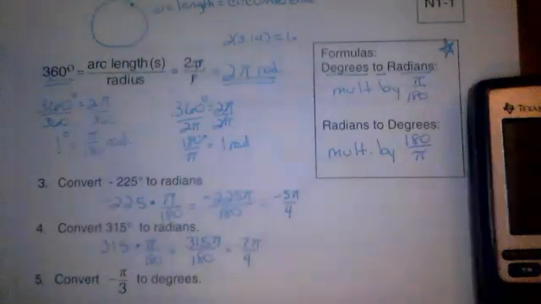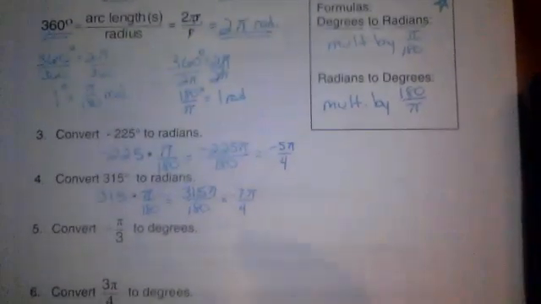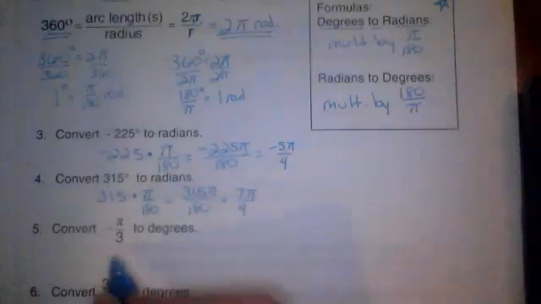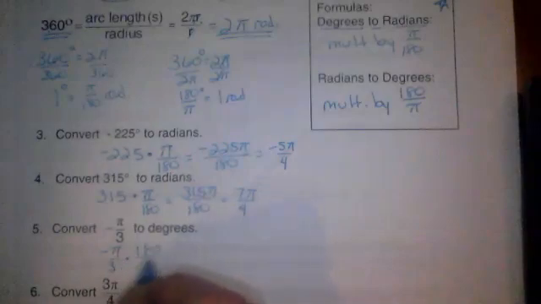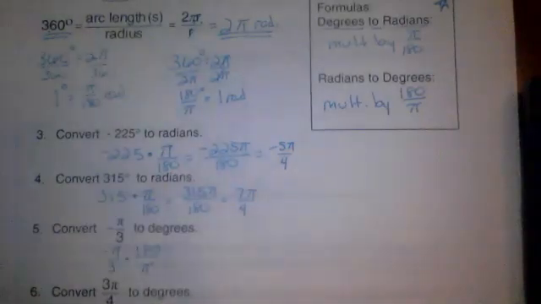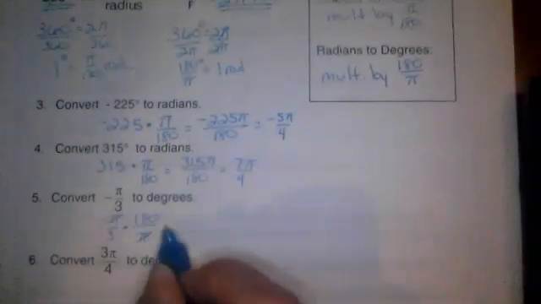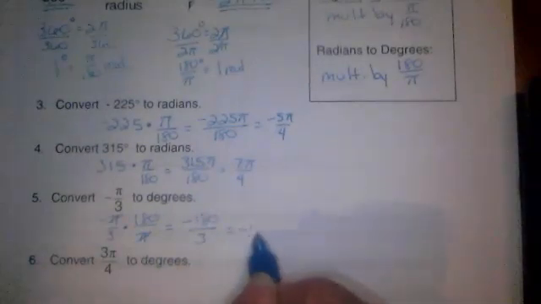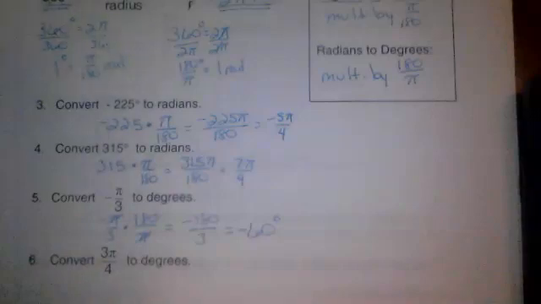All right, and if we want to convert from radians to degrees, we're going to multiply by 180 over pi. So negative pi thirds times 180 over pi. As long as that pi symbol has been left in the radian measurement, we can just reduce it out. We have negative 180 divided by 3, which is negative 60 degrees.